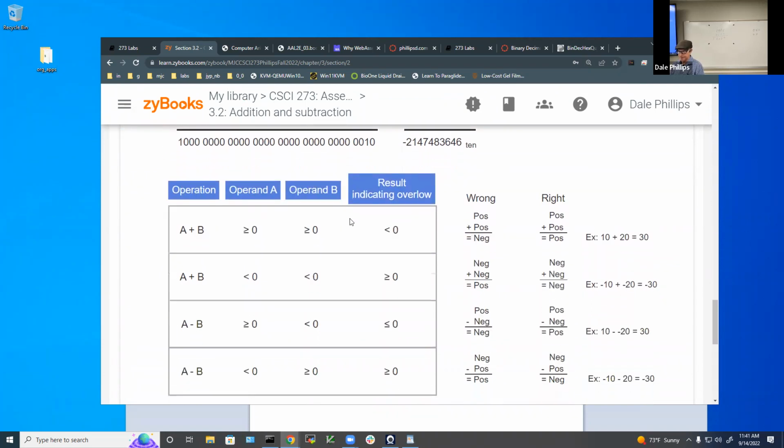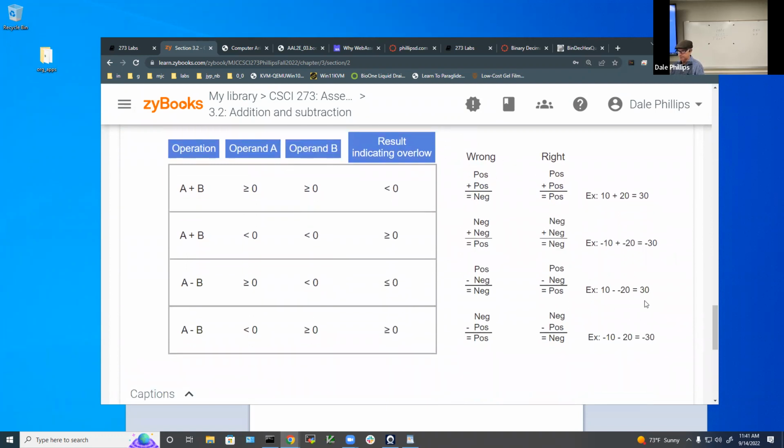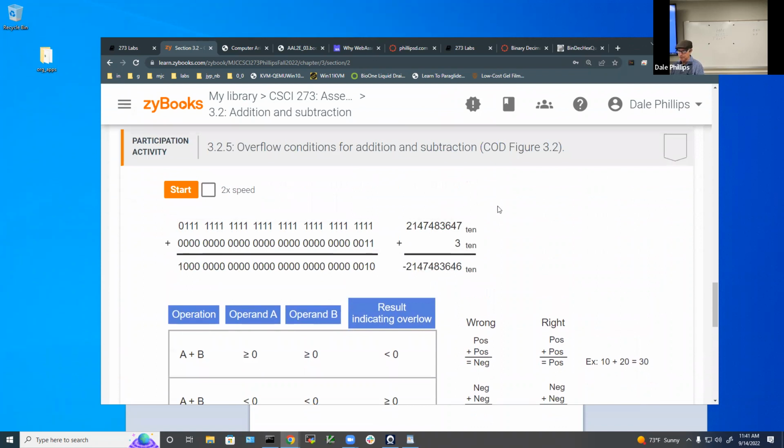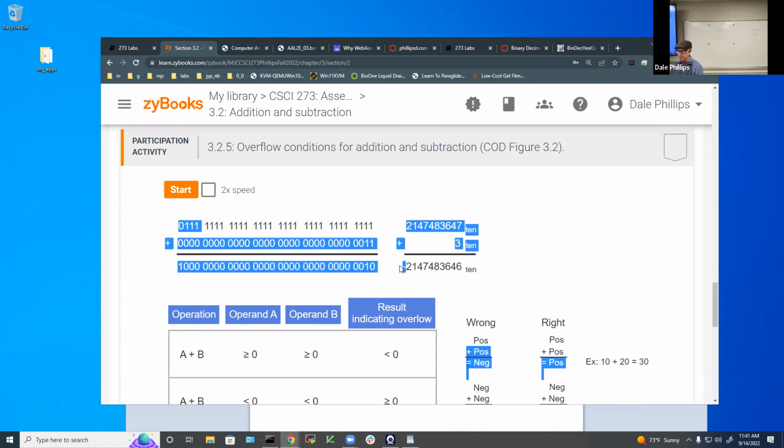Yeah. So here's what's happening here. It's showing you what happens when you have an overflow and you end up with this negative number.